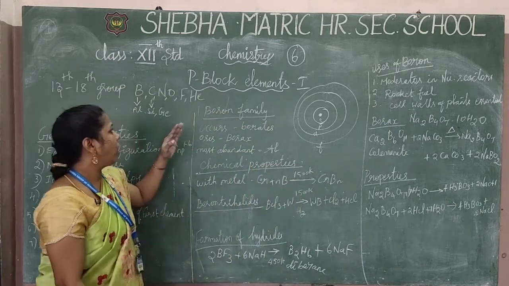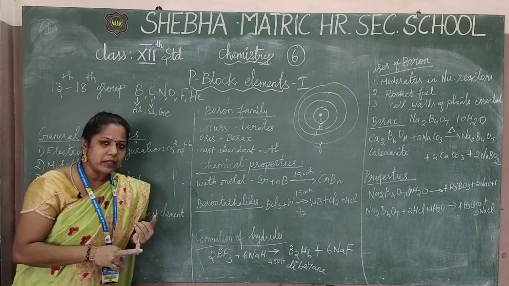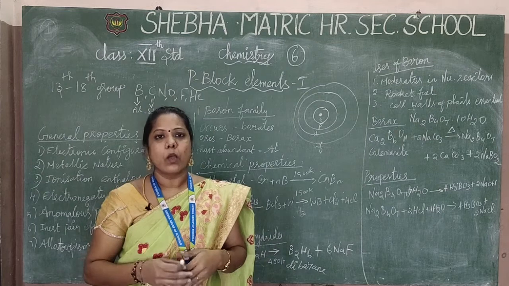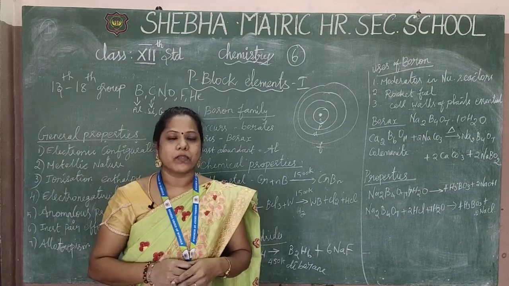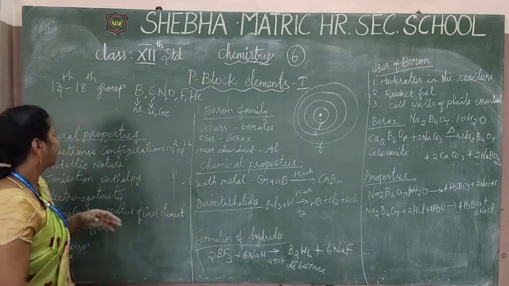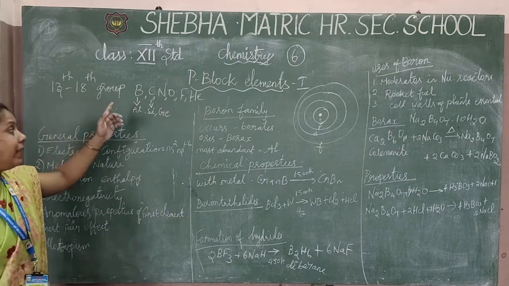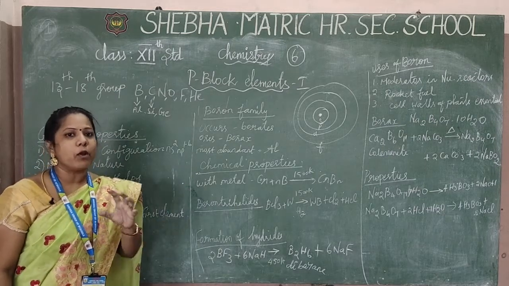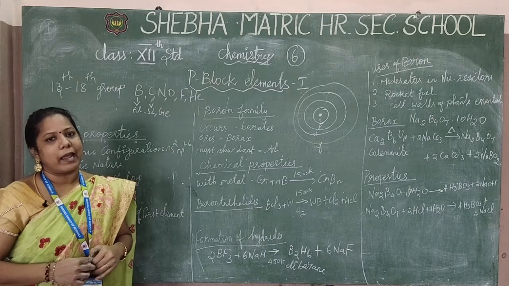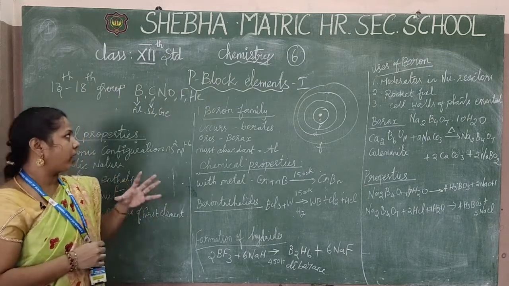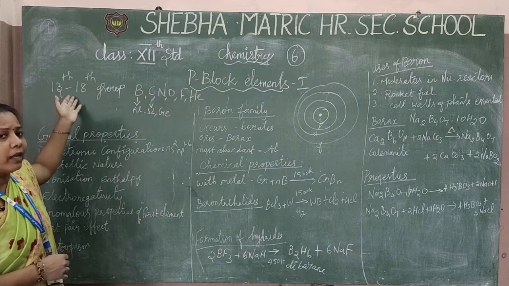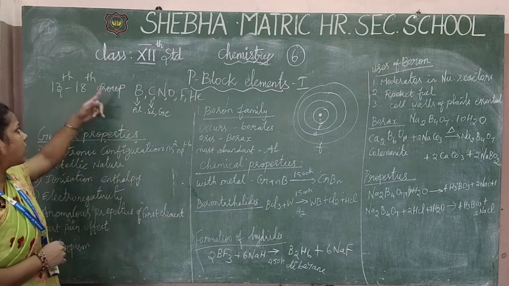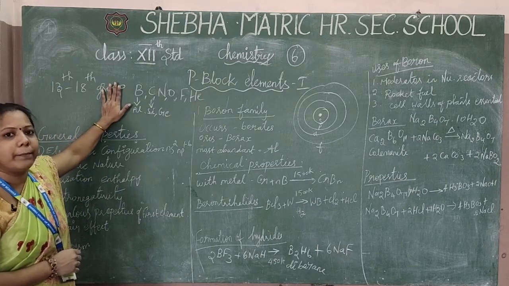Now you have to understand what the P block elements are, their configurations, and the physical and chemical properties, as well as learn more interesting information. The 13th to 18th groups are called the P block elements, where the outermost layer is completed with the P orbitals.